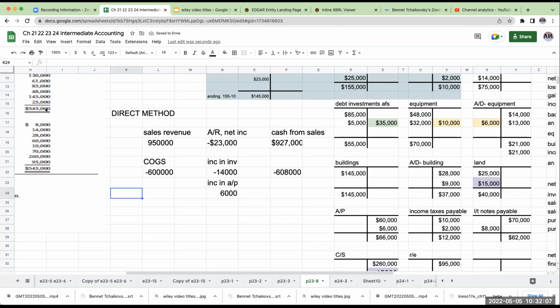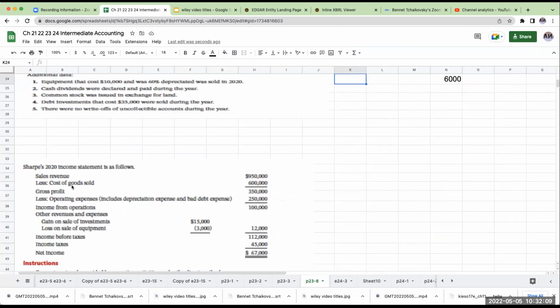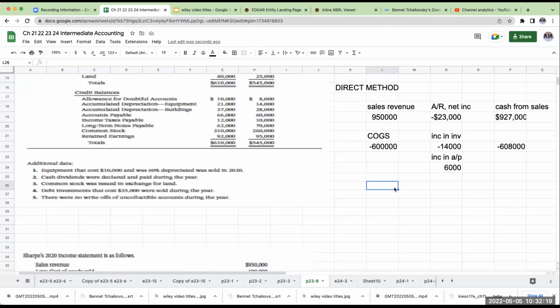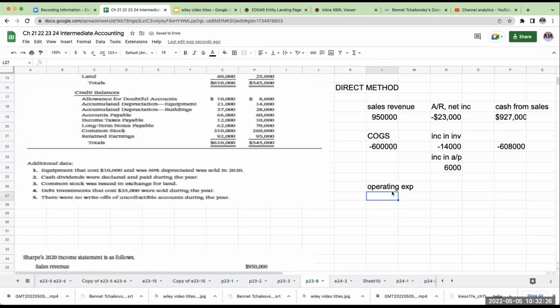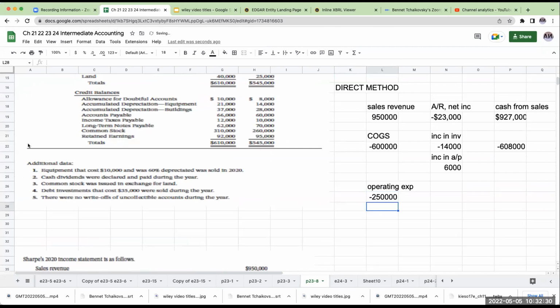Go down over here. I want to look at my other costs. Operating expenses include depreciation expense and bad debt expense. So my operating expenses were 250,000.